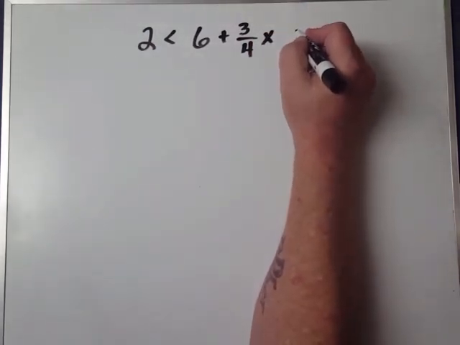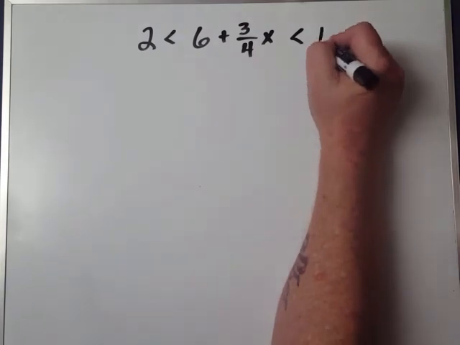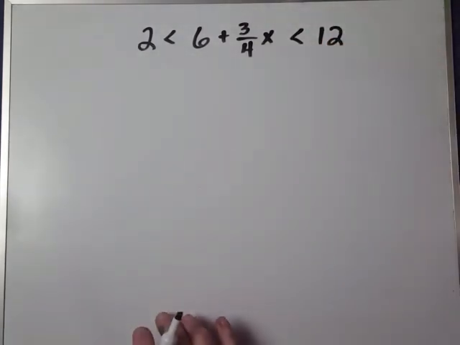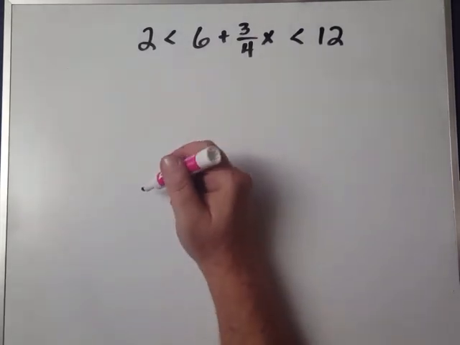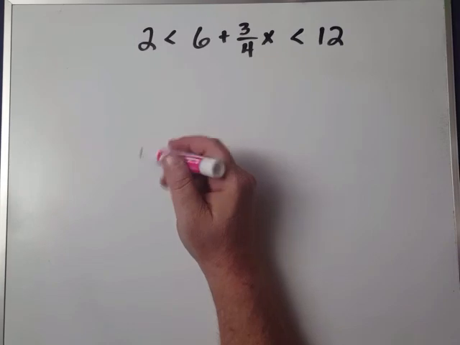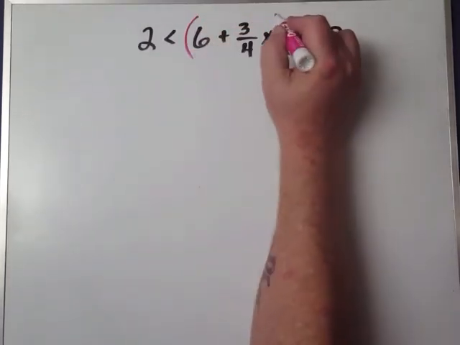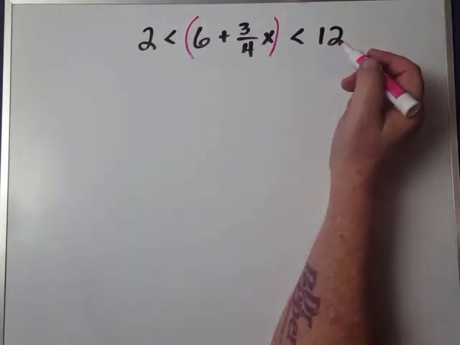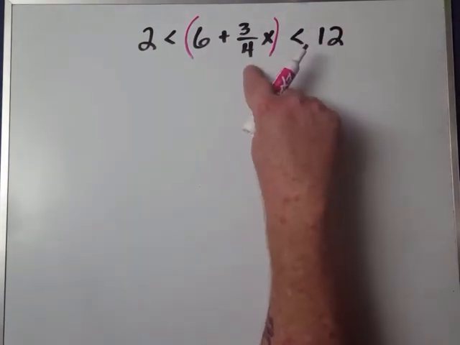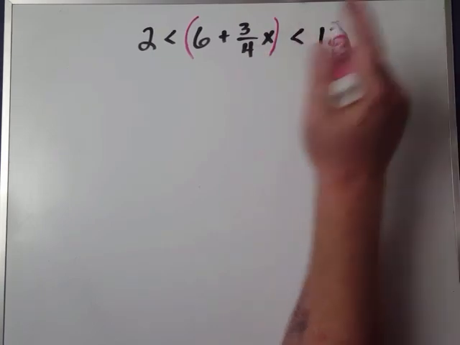You could work it with the fraction in place, but I want to practice clearing fractions. You clear fractions from a triple inequality just like you do an inequality or an equation. Except now, instead of multiply both sides, it's what? Multiply all three parts by, and in this case, multiply all three parts by 4.